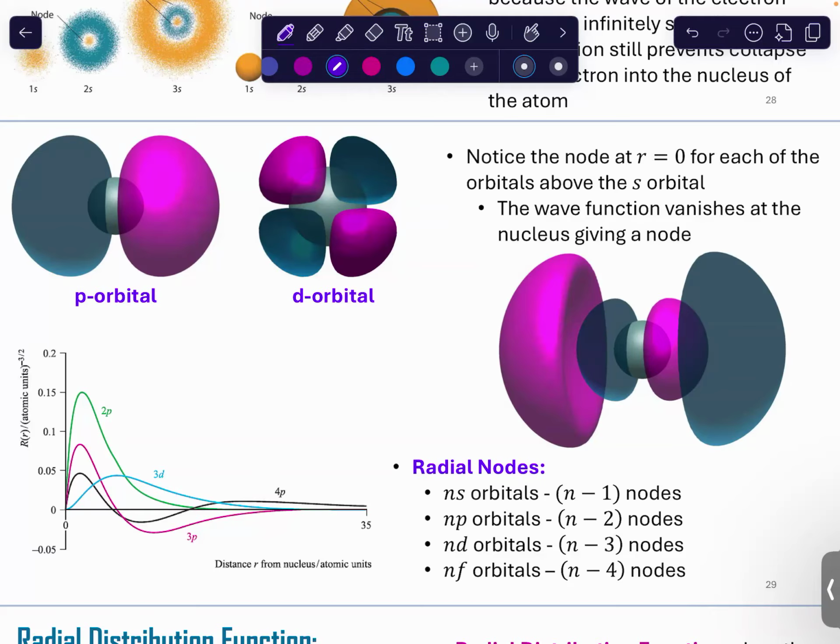Because in this case, we're only looking at radial nodes. So you see how your 3p crosses once? And so what you're looking at then is your radial node. If you look here, your 2p has nothing beyond itself. There's not a radial node to represent. Your 3p, see these outer lobes here?